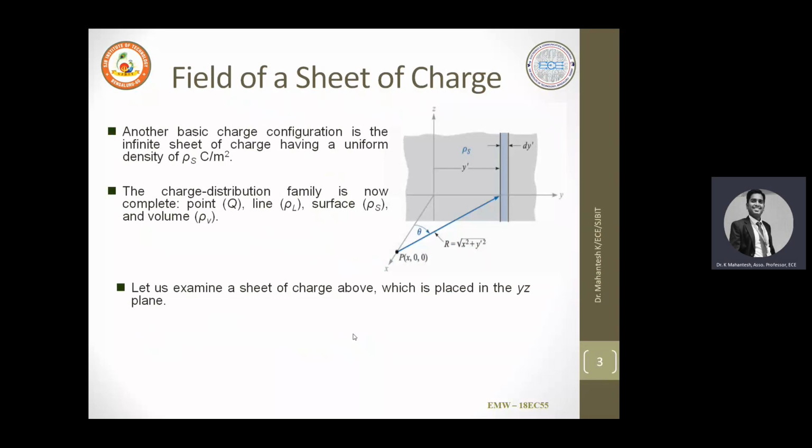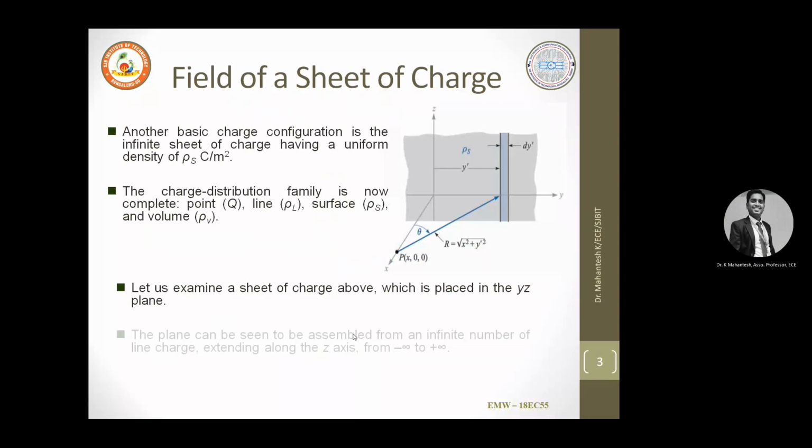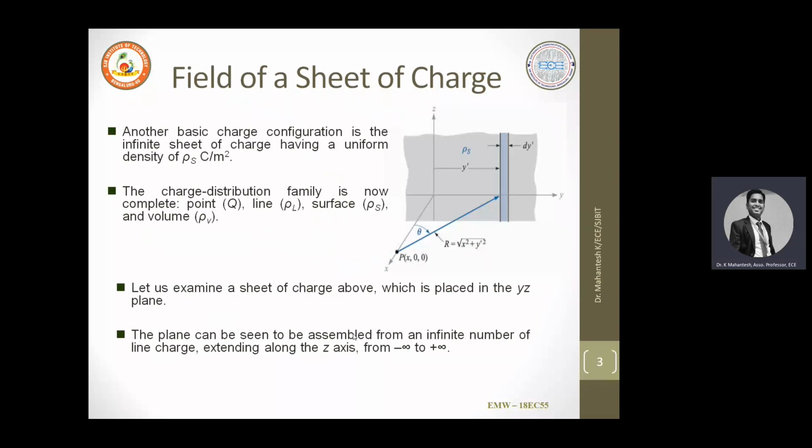We see first that the field cannot vary with Y or Z. The Y and Z components arise from the differential elements of charge symmetrically located with respect to the point at which we wish to evaluate the electric field intensity. Hence, only Ex is present and this component is a function of X alone.